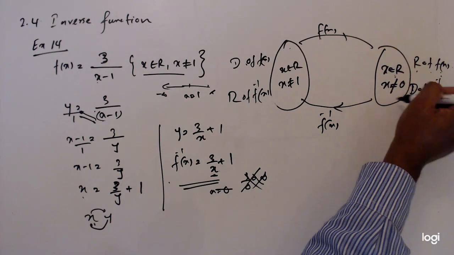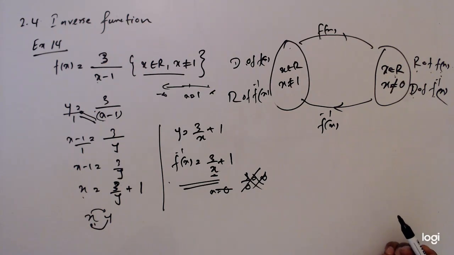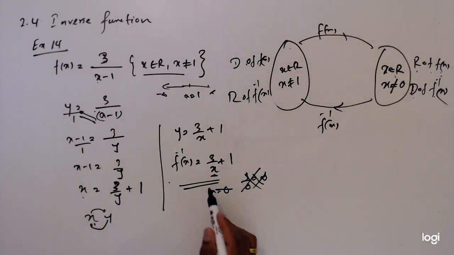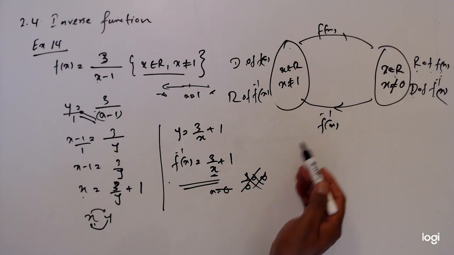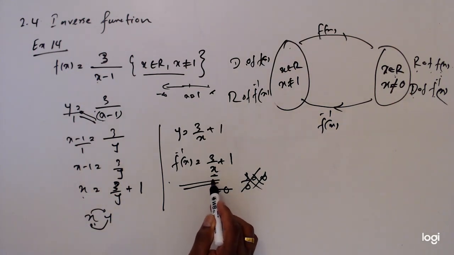So both are the same. So instead of looking for the range, I just look at the inverse function domain. When I look at the domain, I can see I can put any value except x equals 0.